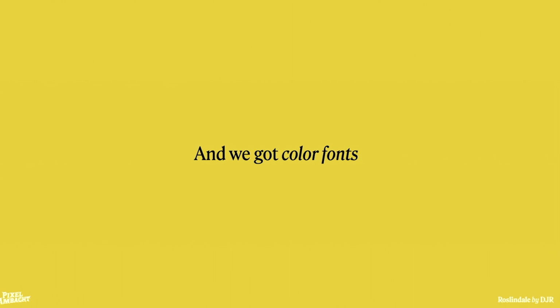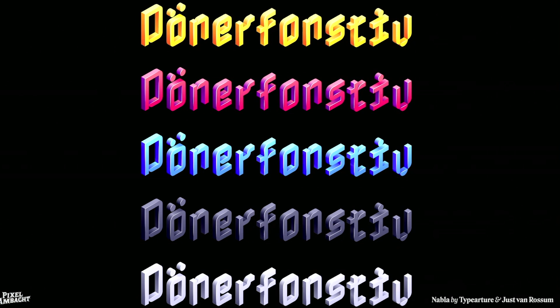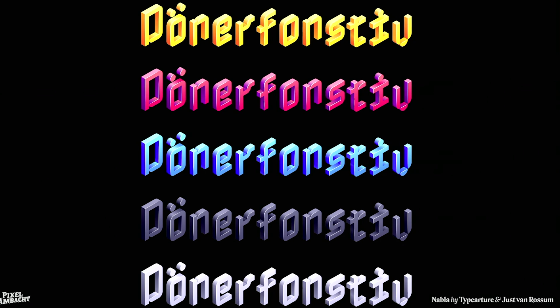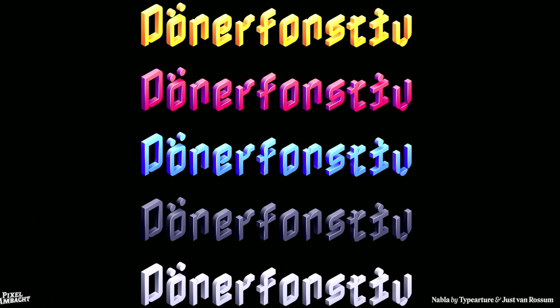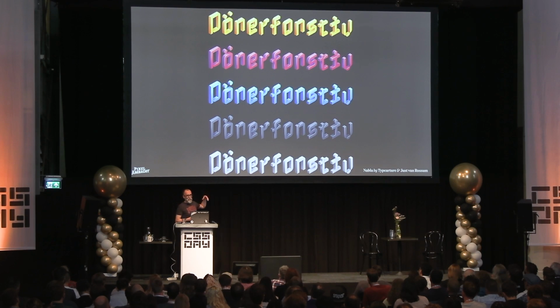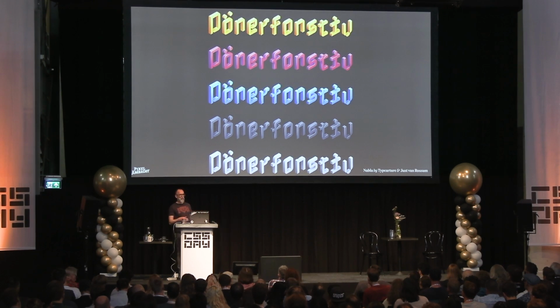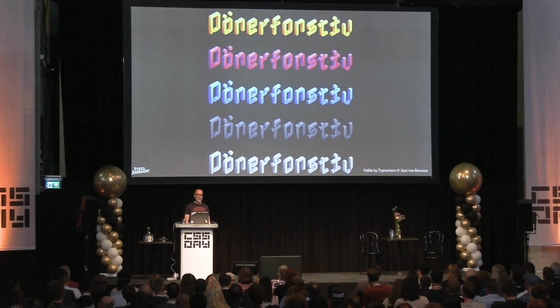Then we got another thing, color fonts, and they look like this. These are actual color fonts. You just load them through @font-face, and then you don't have to do anything else except optionally choose one of the other colors, which is a few lines of CSS. This is all inside the font. There's no need to take an H1 tag and put spans in there and stack them on top of each other and mess around with them.